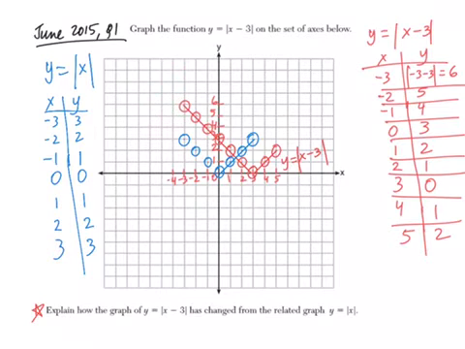What do you think has happened to this graph? What do you think has happened? Has it moved in this direction by 3 units?